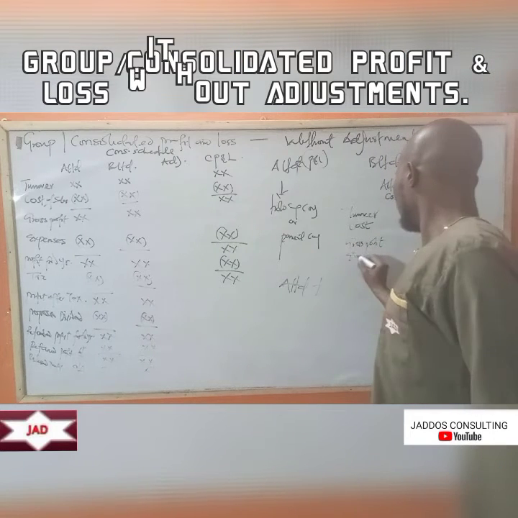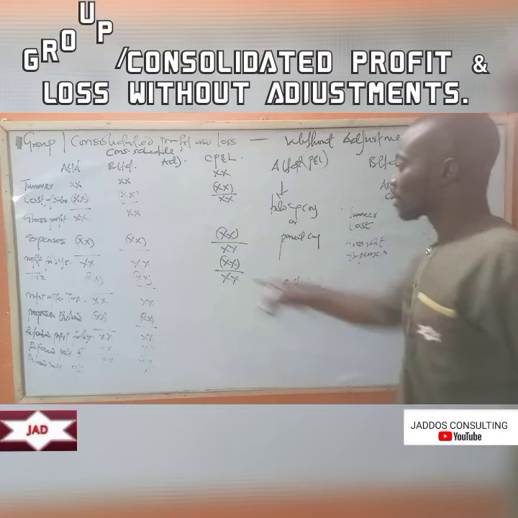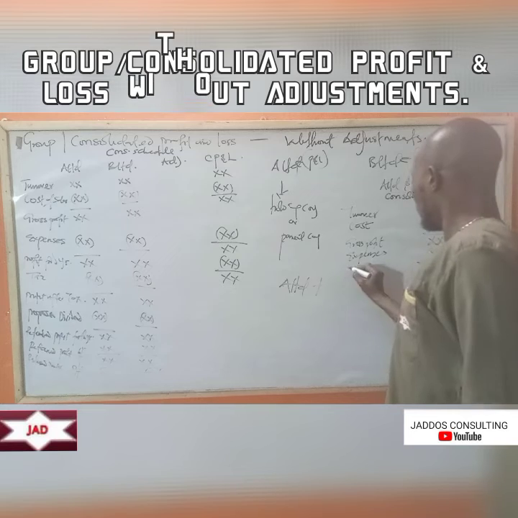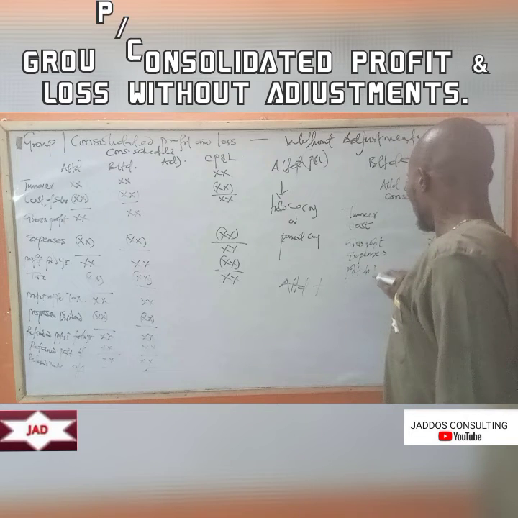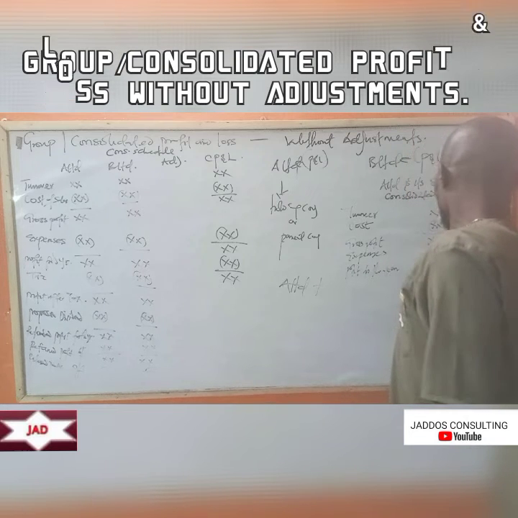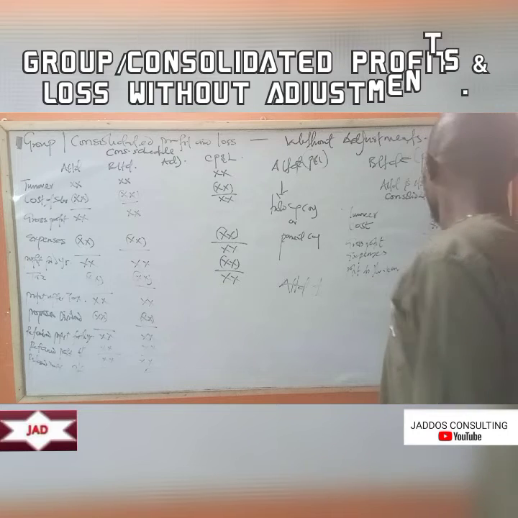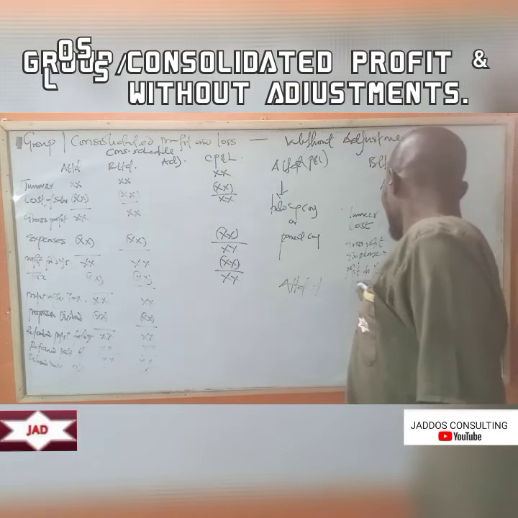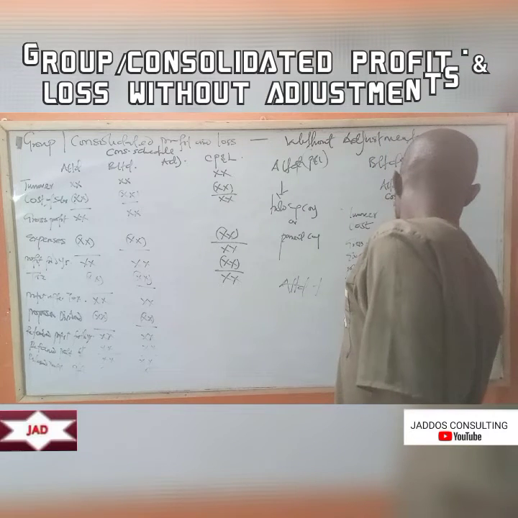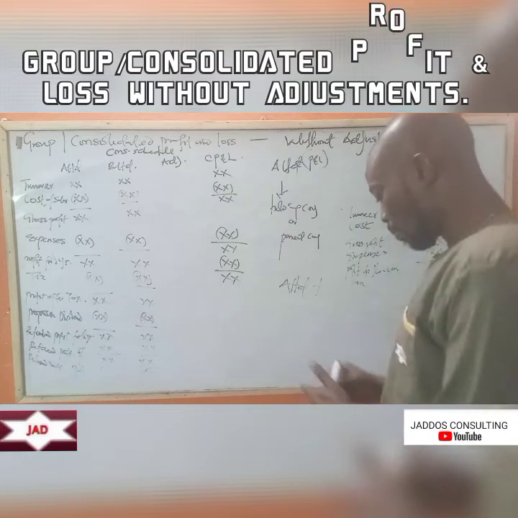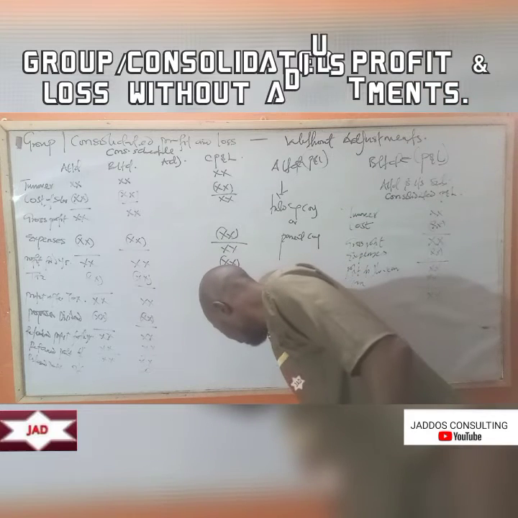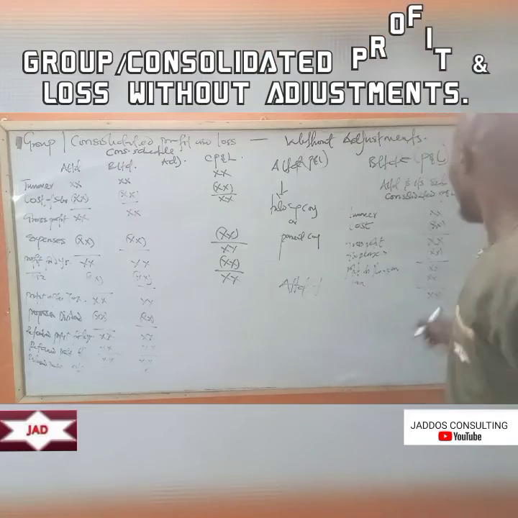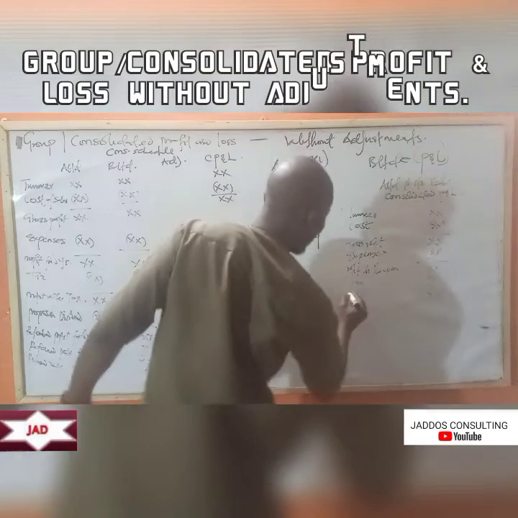Your expenses will be this. So this will be your profit for the year. Now, your tax. You put your tax there. So this is your profit after tax.